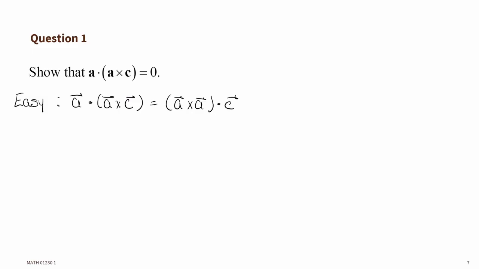Use the triple scalar property. A dot A cross C is the same as A cross A dotted with C.